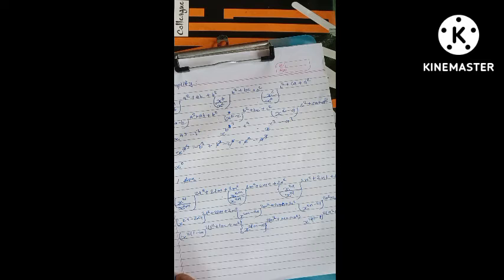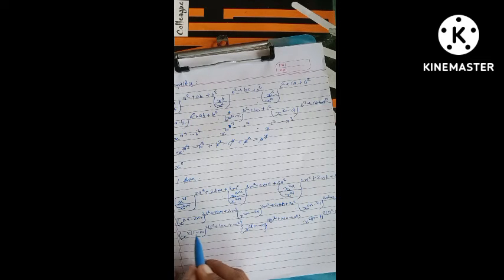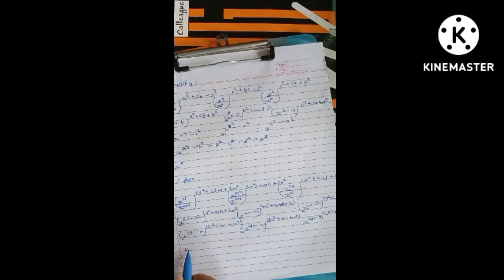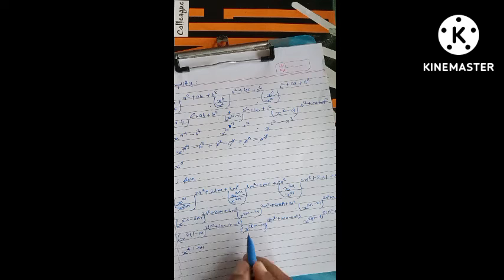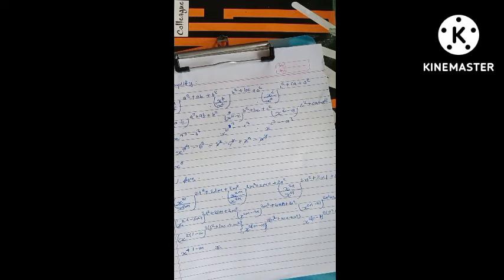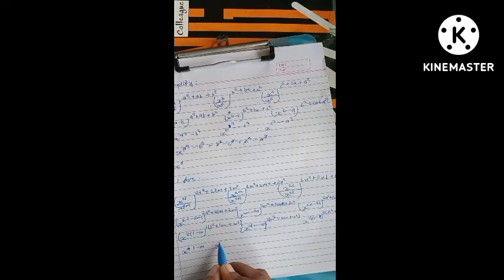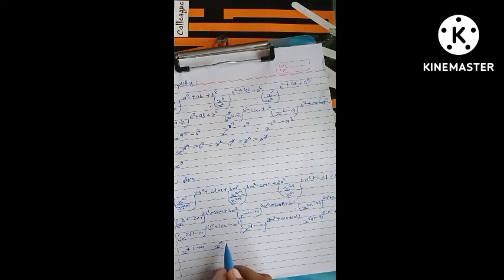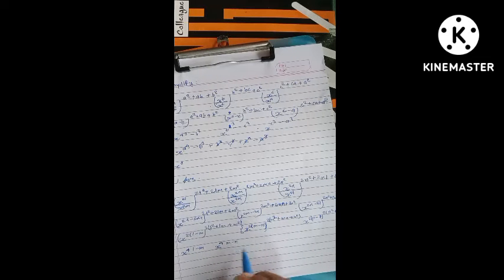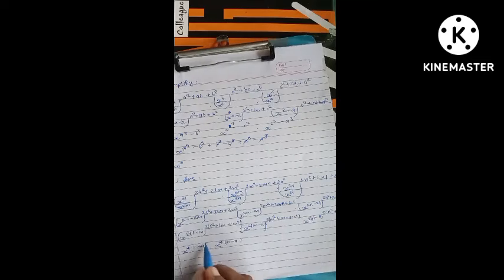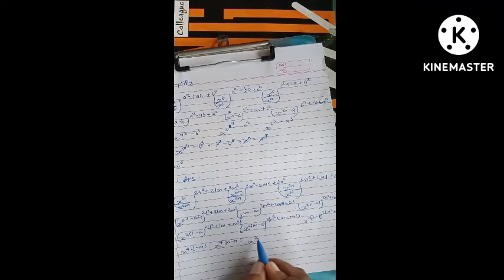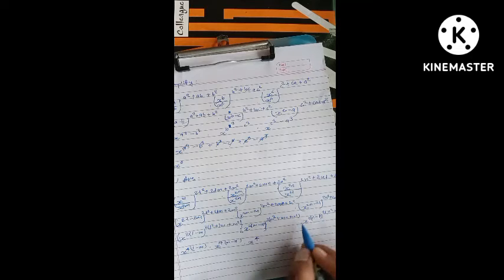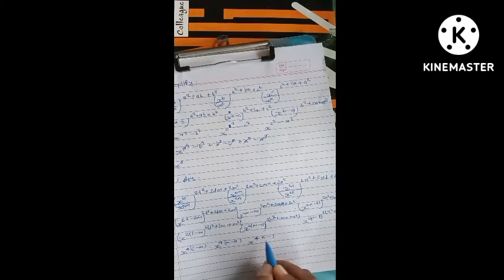Here it is 2 to the 4, so we can write x to the power 4(l minus m), then x to the power 4(m minus n), and x to the power 4(n minus l).